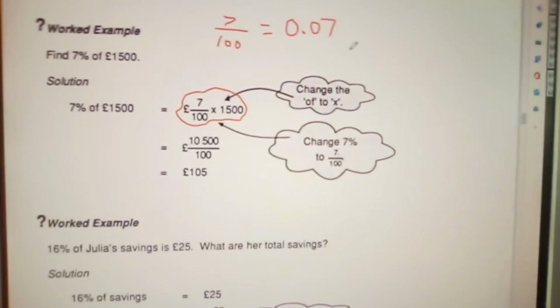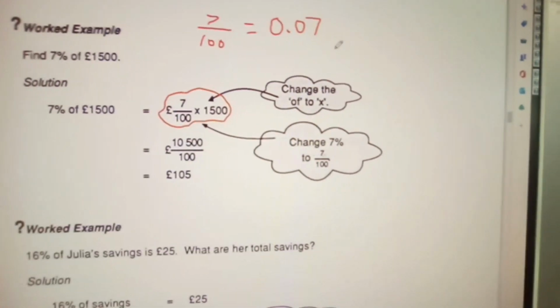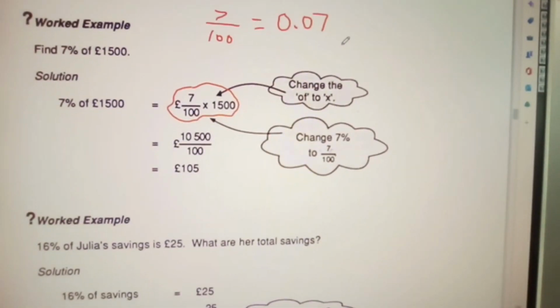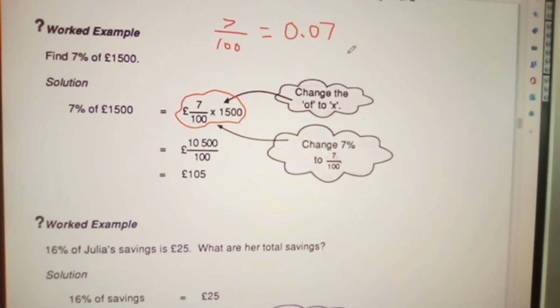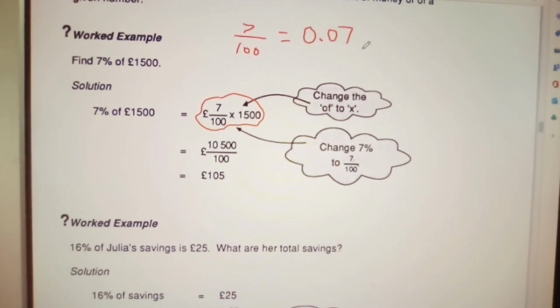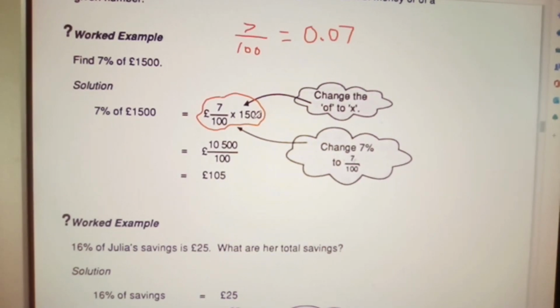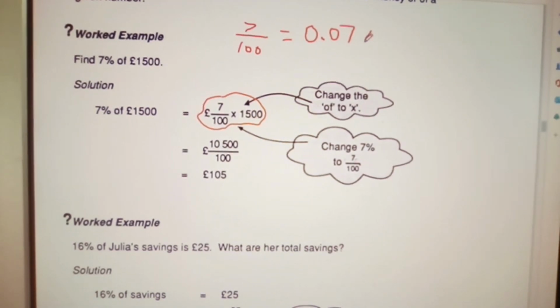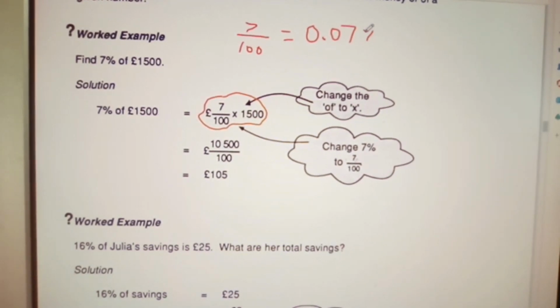Now what we then do with this is look at it as a multiple. So I'm going to take this 1,500 and multiply it by 0.07.